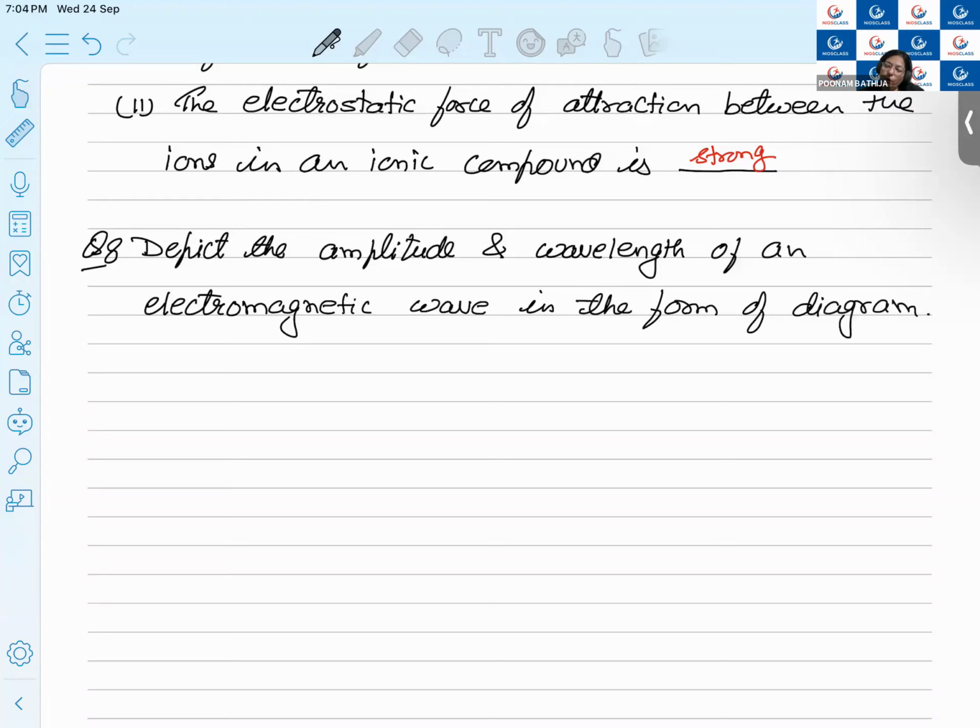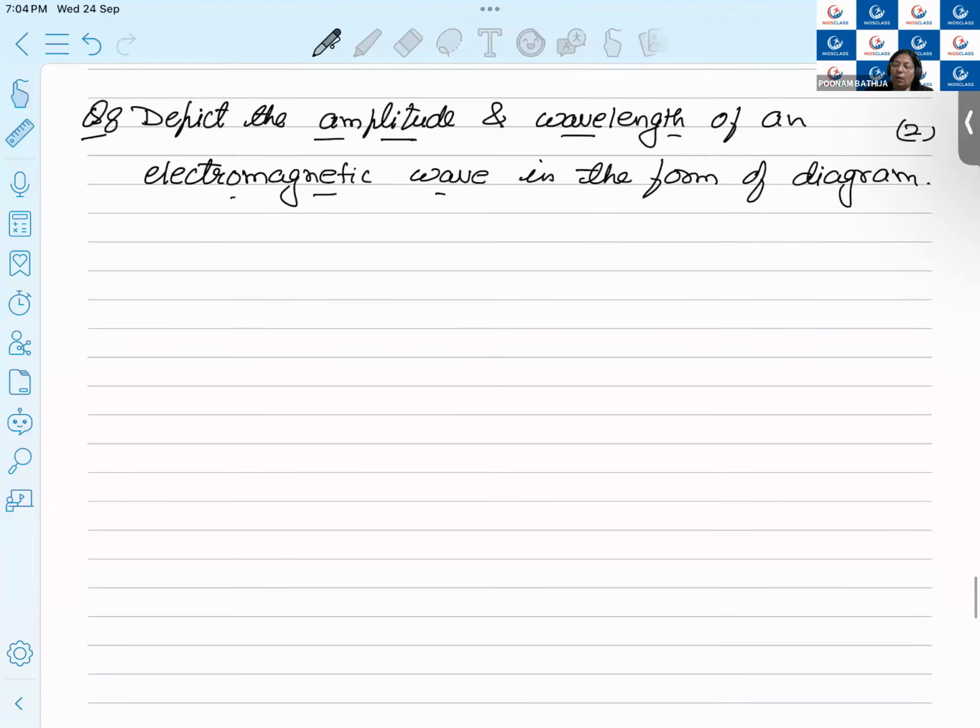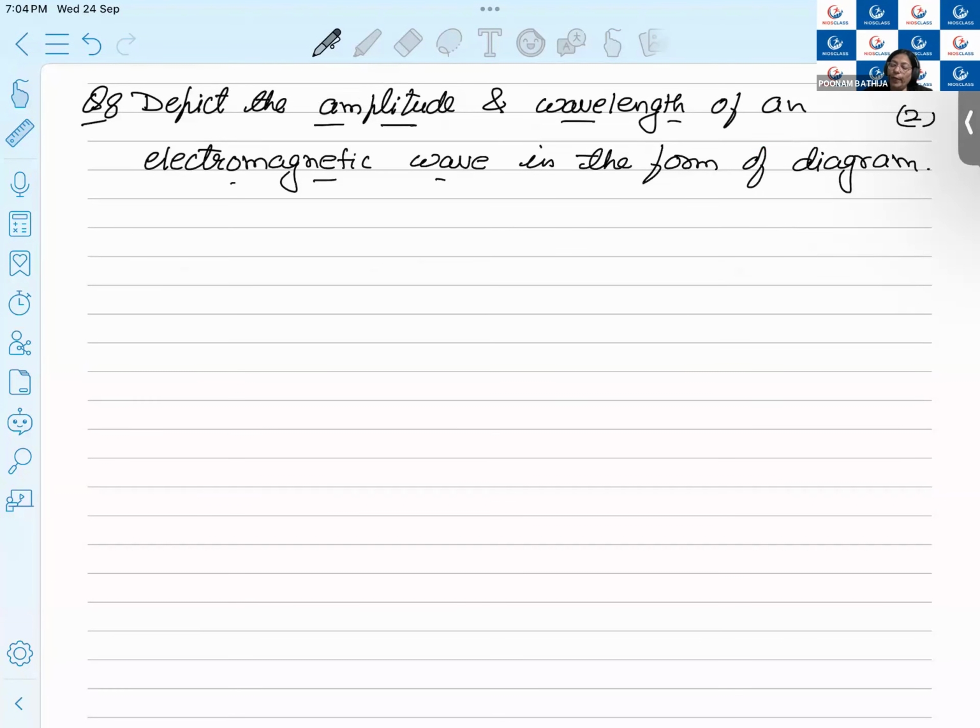Okay, we have to show the amplitude and wavelength of an electromagnetic wave in the form of diagram. It again carries 2 marks. Okay, show how electromagnetic waves can be represented.